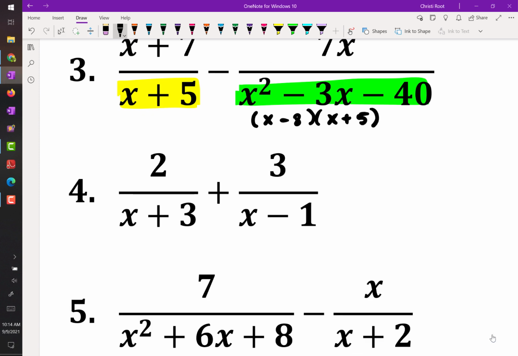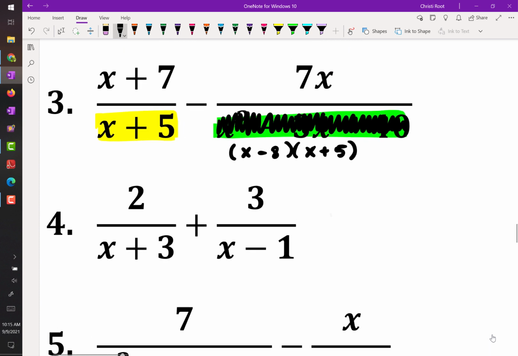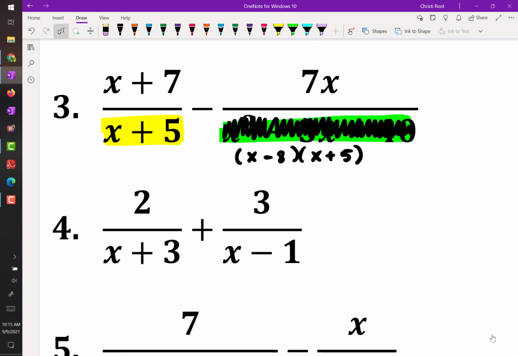Okay, so I factored that into x minus 5 and x plus 5. Now, when I factor that, just a friendly little hint, I'm going to mark this out to where I don't see it anymore because we don't need that anymore as long as you factored it properly. Now, I want you to look across from the first fraction to the second fraction. Do you see anything in common?